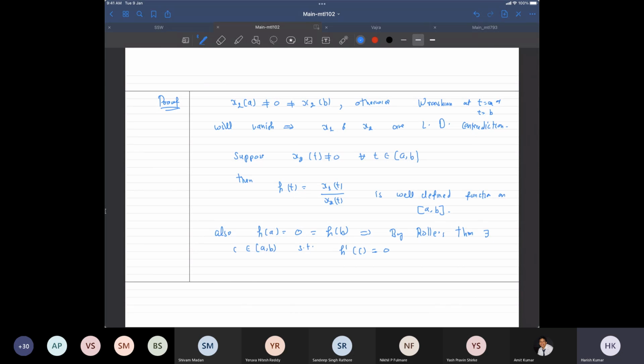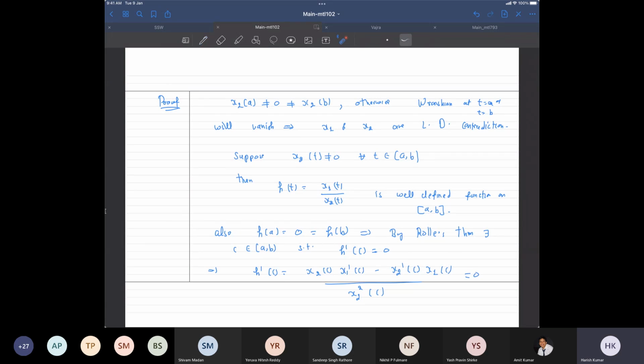Okay. This implies, what is h prime? h prime(c) is x2(c) x1 prime(c) minus x2 prime(c) x1(c) divided by x2 square(c), equal to 0.